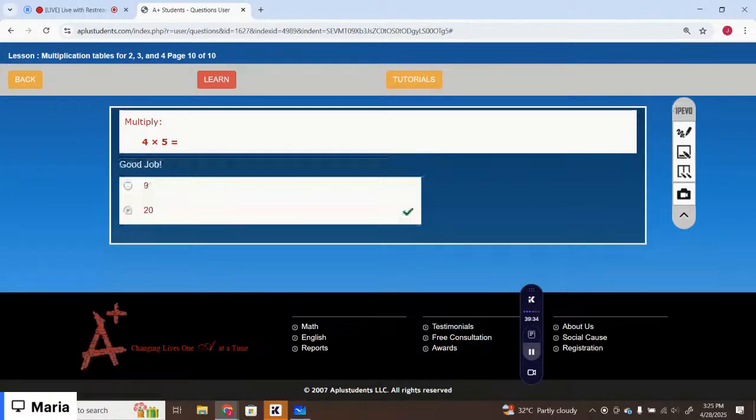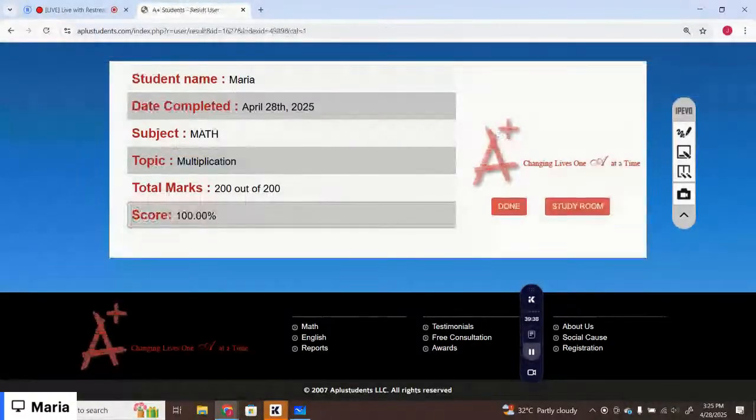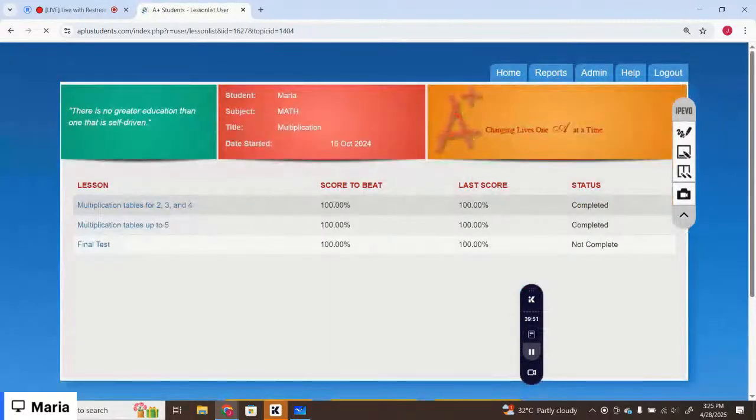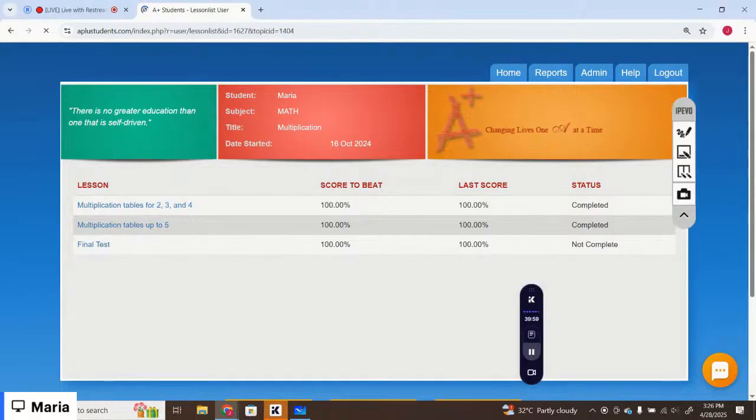Option two is the correct option. Okay, we are done with the lesson. The next lesson is multiplication tables up to 5.